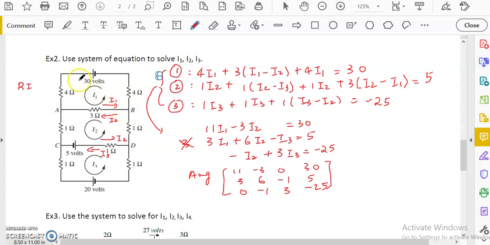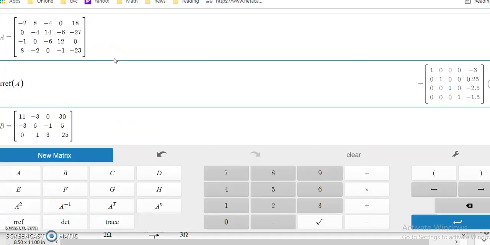Right, so I was going to use a matrix calculator. So 11, -3, 0, 30, then -3, -6, -1, 5. Is that what it is? Let me take a look.